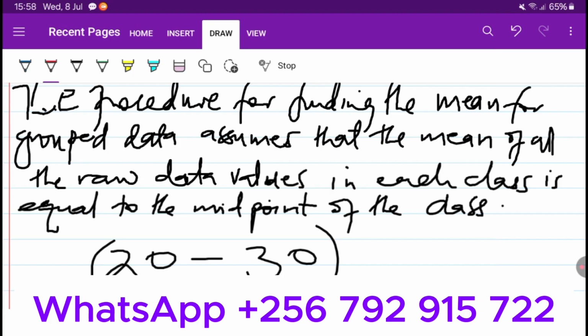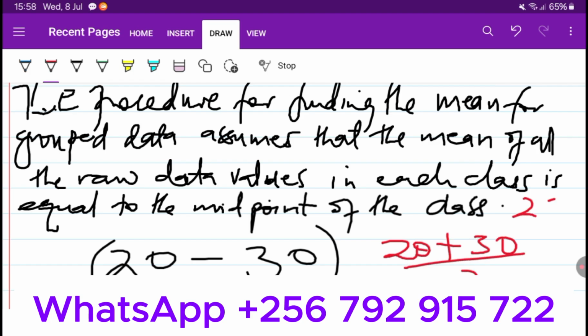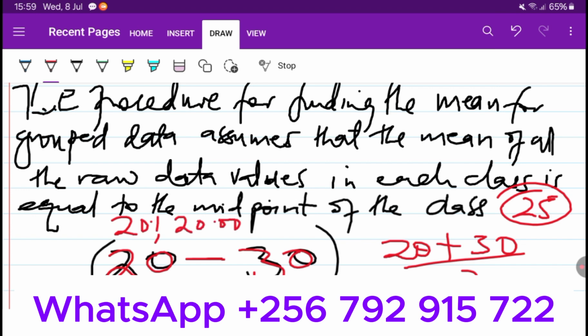The average of the values here is assumed to be 20 plus 30 divided by 2, which gives you 25. But from 20 to 30 we have very many values, like 20.1, 20.00001.